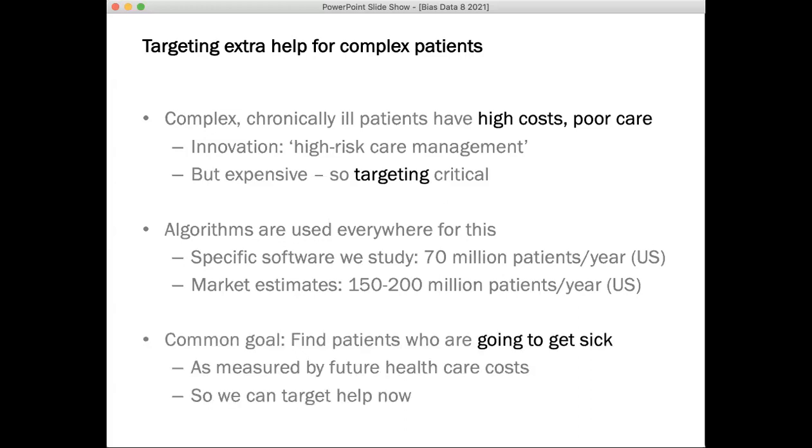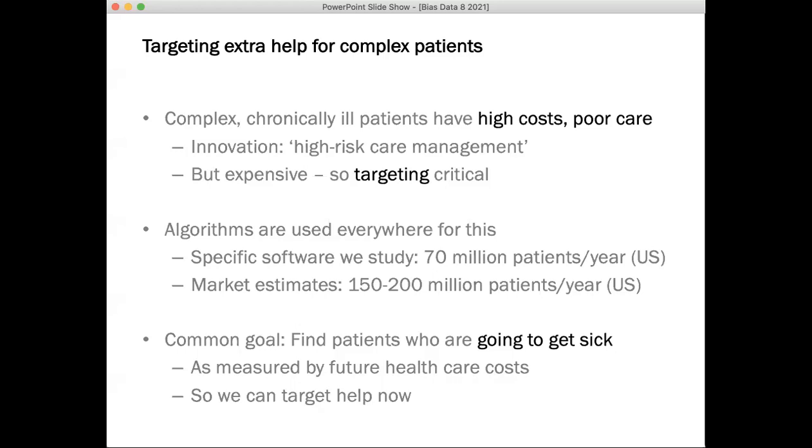What all these algorithms try to do is find patients who are going to get sick. And this is, as you know, something algorithms can be really, really good at. They're very good at predicting, if you watch this movie, how many stars are you going to give it? If I show you this product, will you buy it?